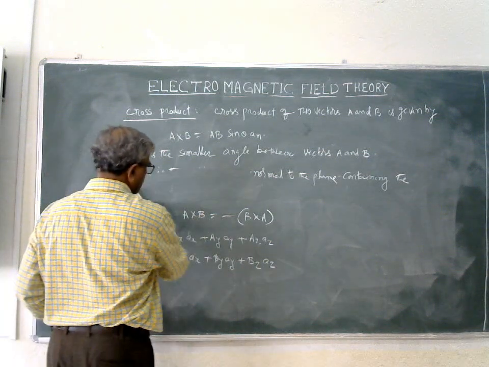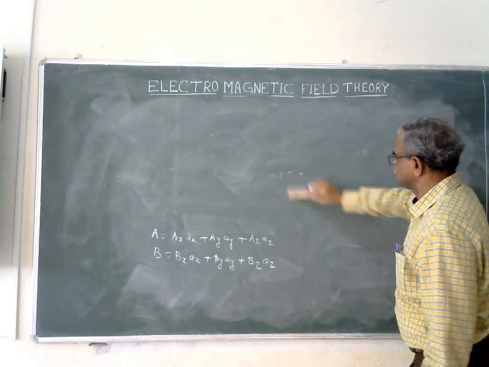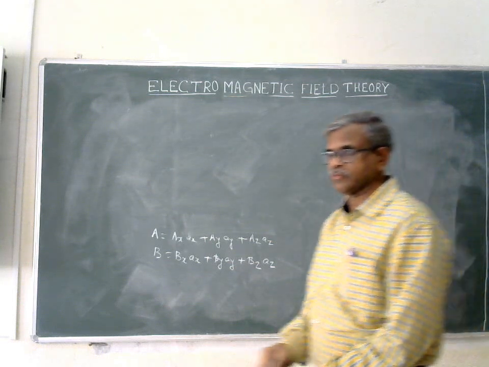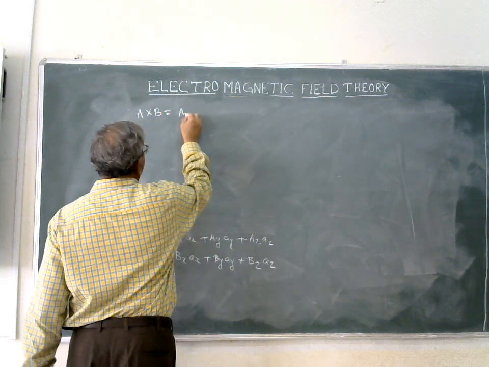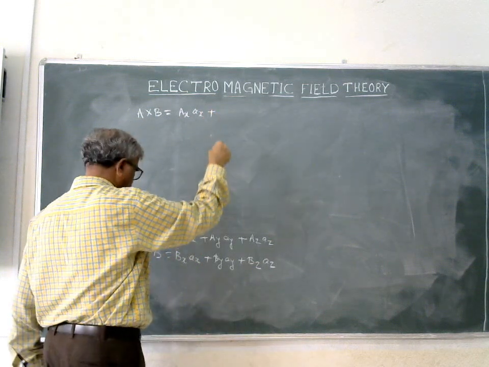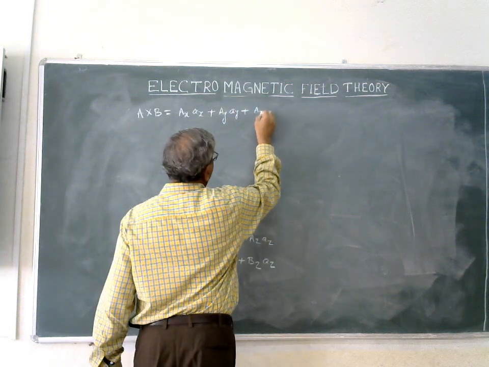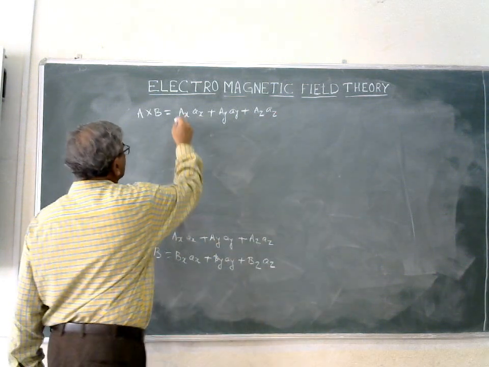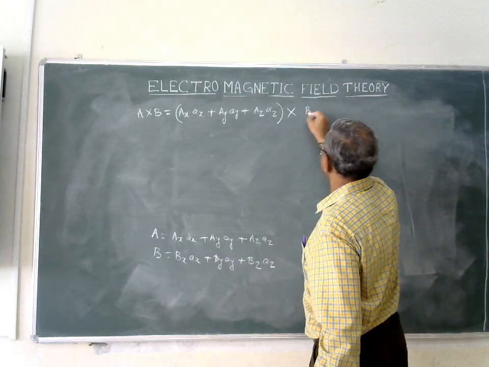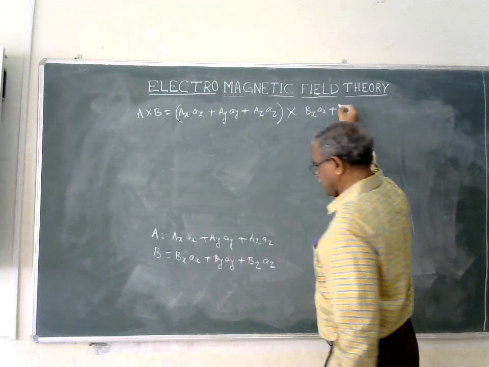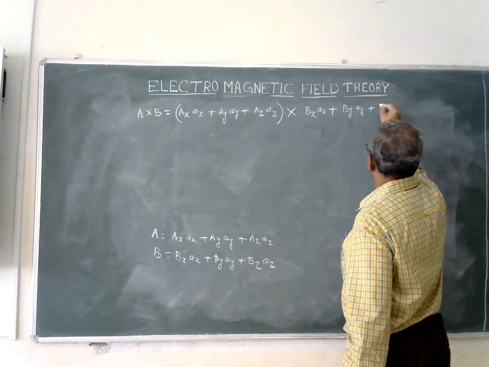A cross B is equal to (Ax ax plus Ay ay plus Az az) cross (Bx ax plus By ay plus Bz az).